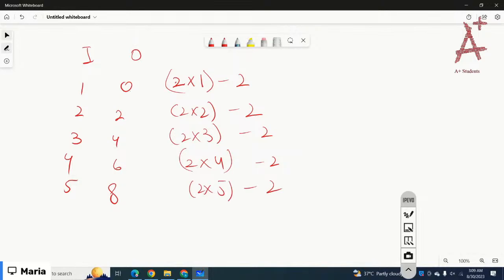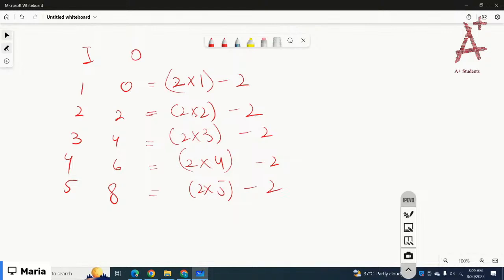Just calculate. 2 times 1 is 2, 2 minus 2 is 0. 2 times 2 is 4, 4 minus 2 is 2. 2 times 3 is 6, 6 minus 2 is 4. 2 times 4 is 8, 8 minus 2 is 6. 2 times 5 is 10 and 10 minus 2 is 8.